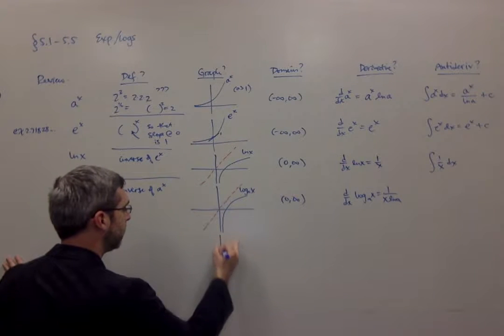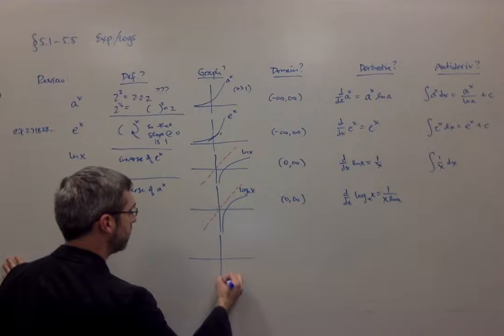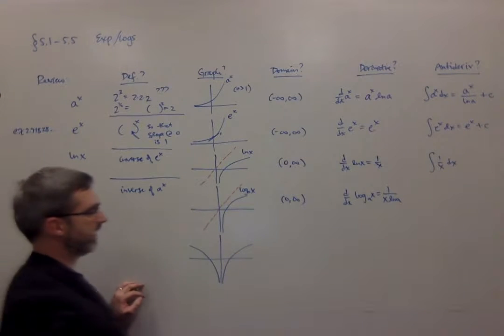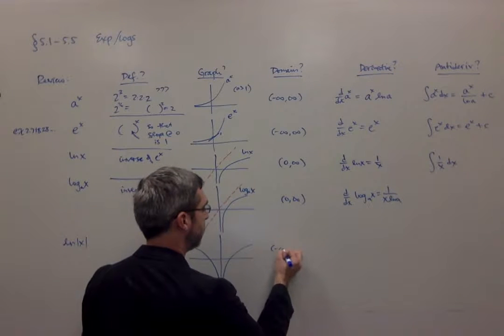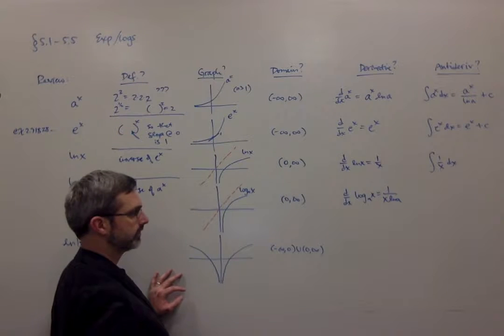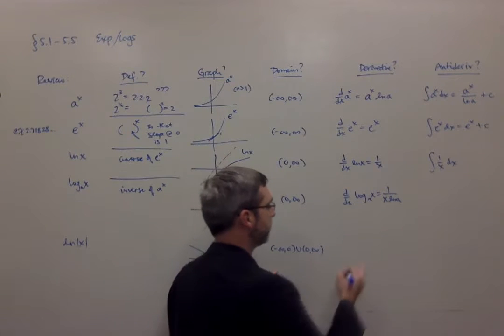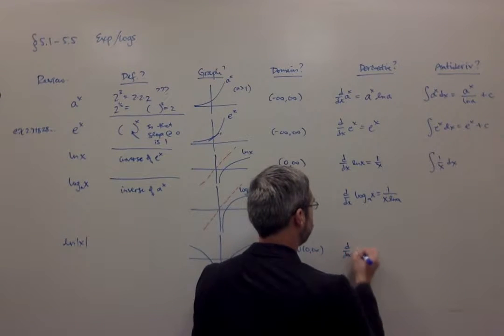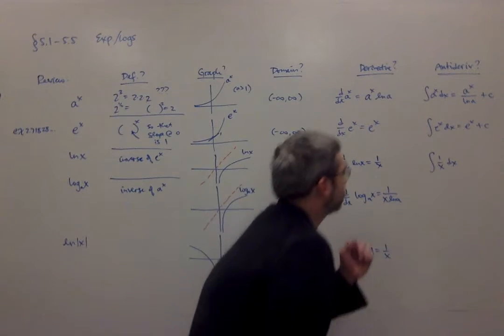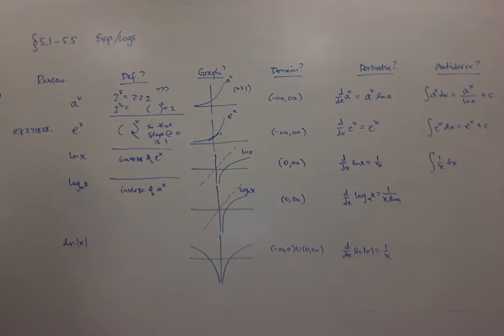And what that looks like, it looks like natural log, but natural log copied, flipped over onto the other side. This has a domain of everything except 0. And what we saw before was that its derivative is actually also 1 over x, just like the derivative of natural log. I'm not going to prove that here because we've done that a couple times.